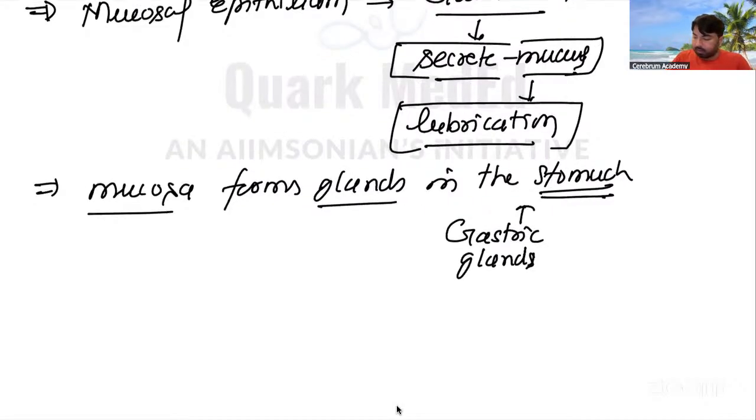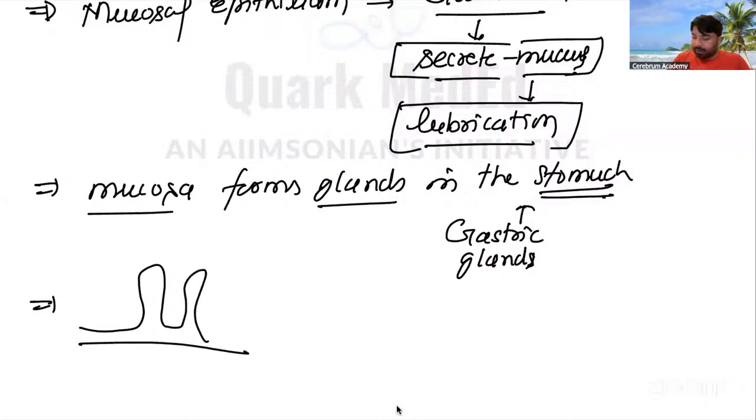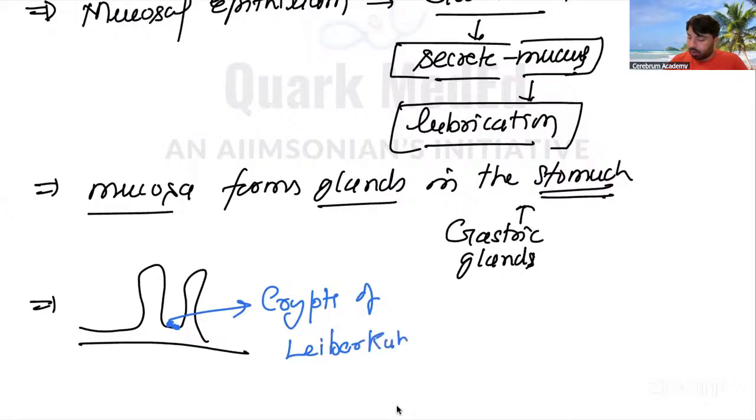And let's say these are the villi. Between the villi, there are some cells, and these are called crypts of Lieberkuhn.